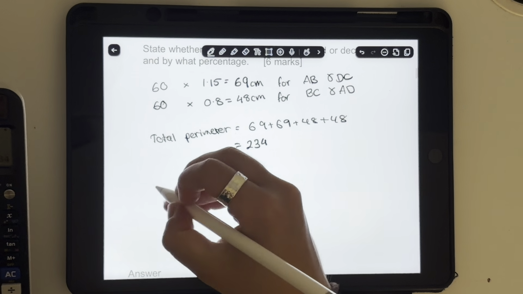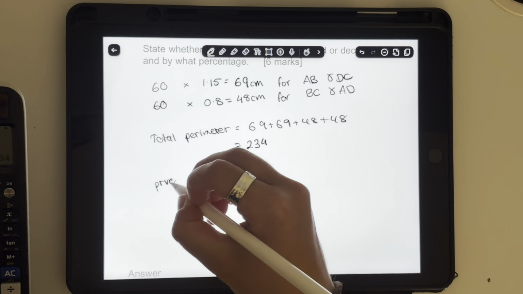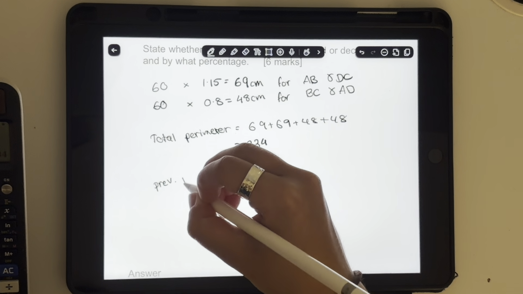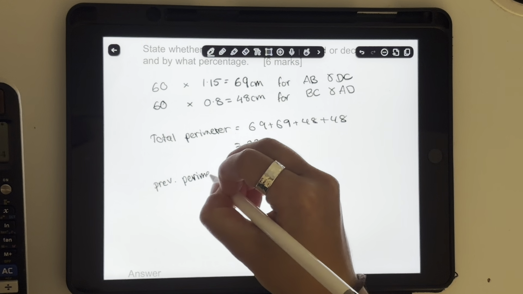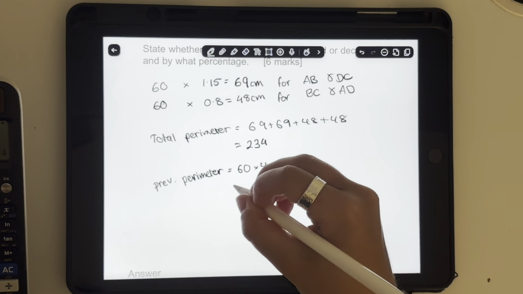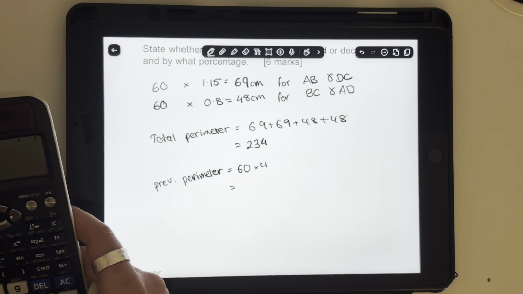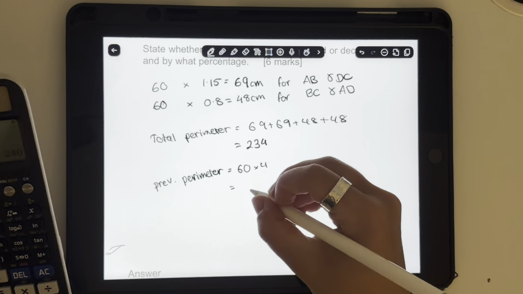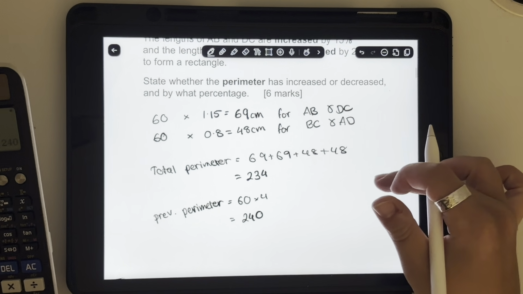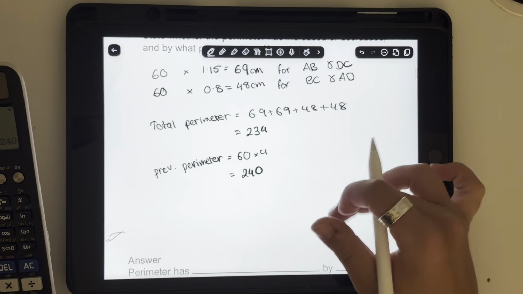And then the previous, oh, that's not how you spell previous. Previous perimeter was 60 times 4, which is 240. So state whether it is increased or decreased and by what percentage.